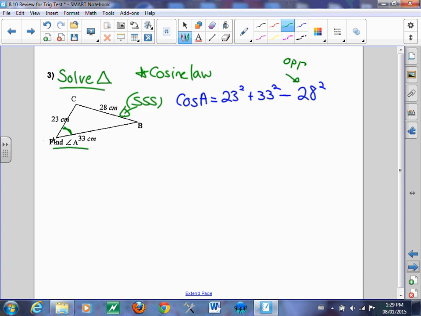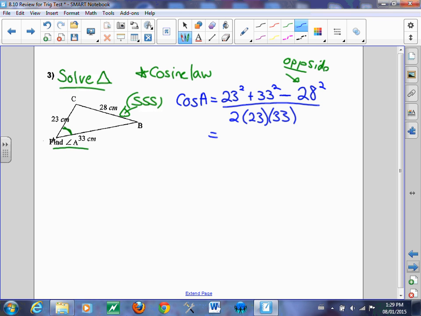Opposite side of the given angle, right? Put that in there. And don't forget, we have to divide it by 2 times those 2 adjacent sides, or the other 2 sides, whatever you want to call it. Plug it in your calculator, ladies and gentlemen.